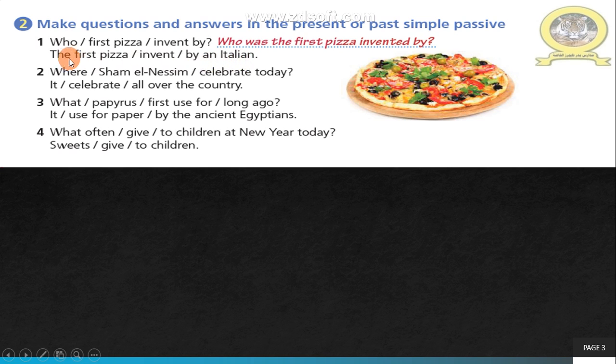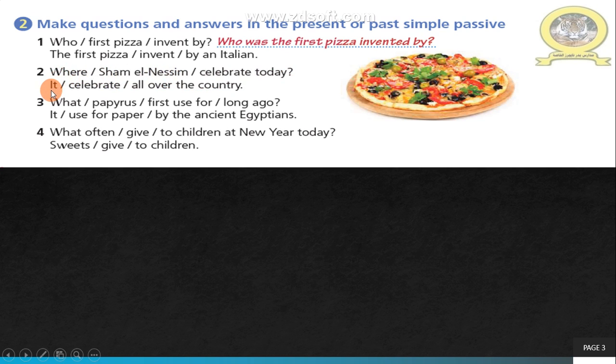It's not a correct sentence. I want to make it in the correct form of the present or past simple passive. Number 2, "Where Sham al-Nasim celebrate today?" How do we make it in the present or past simple passive?